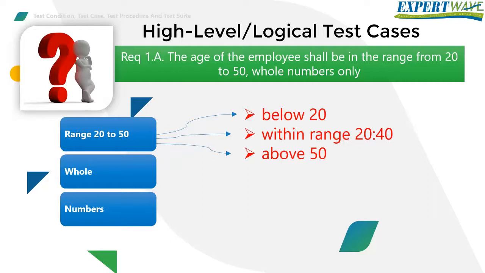So we have created 3 test cases for a single test condition, between 20 and 50. But those 3 test cases are called high-level test cases or logical test cases. Why are they called high-level? Because they don't indicate exact data, just logical information: greater than, less than, and so on.